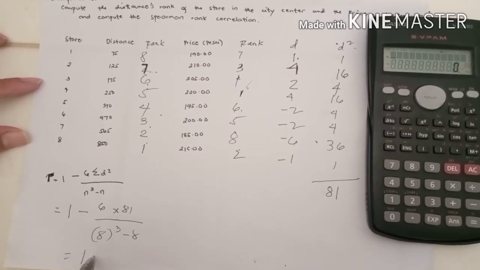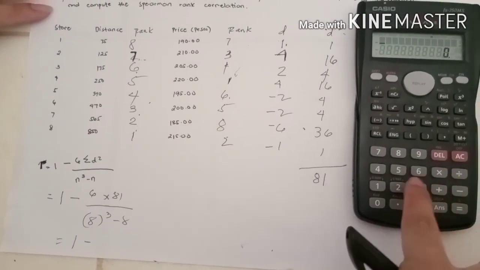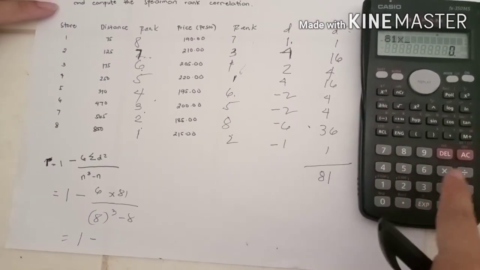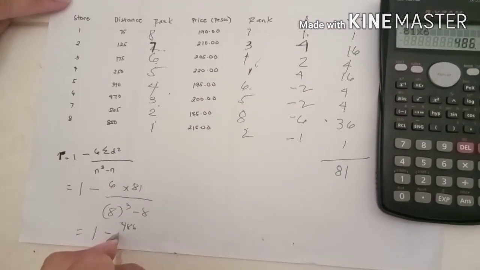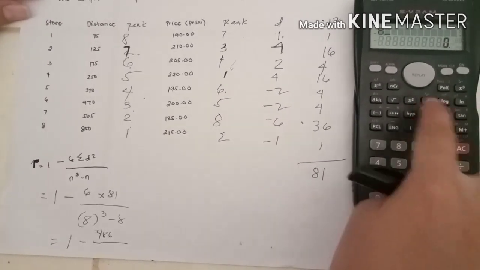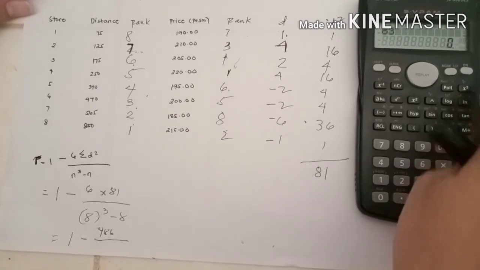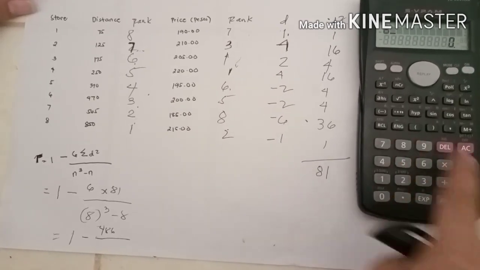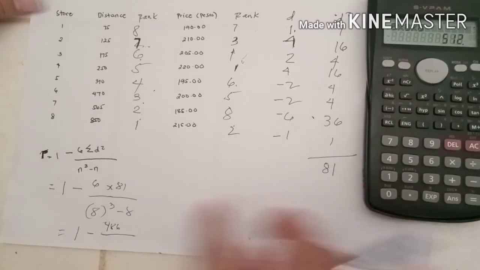So 1 minus, let's multiply 81 times 6, which is equal to 486, over 8 cubed. 8 times 8 times 8 is equal to 512 minus 8.